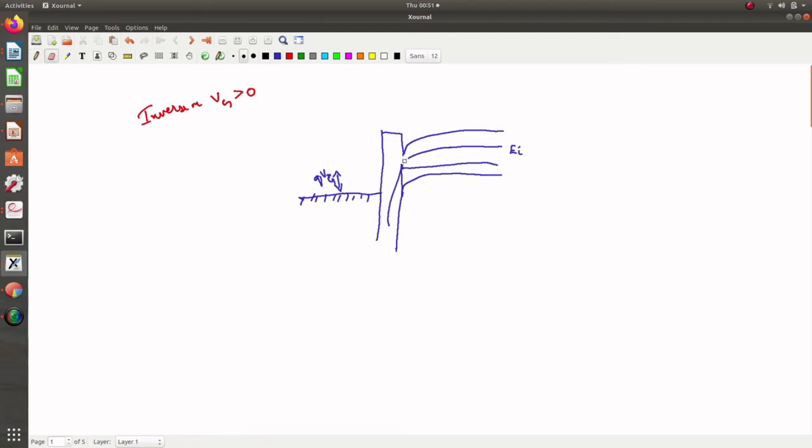And when the intrinsic level crosses the Fermi level, that condition is the strong inversion.